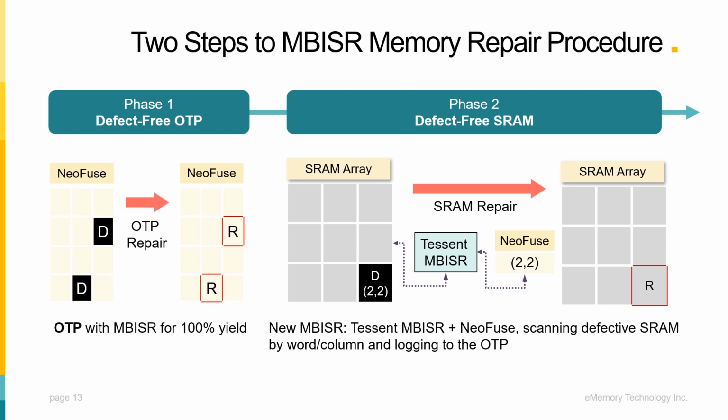The high-capacity OTP is self-repaired first to be defect-free and achieves 100% yield. Phase 2 is to have the defect-free SRAM by using the Tessent tool to repair the SRAM array. In the following pages, I will walk you through each step in detail.